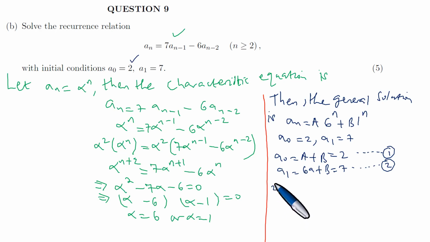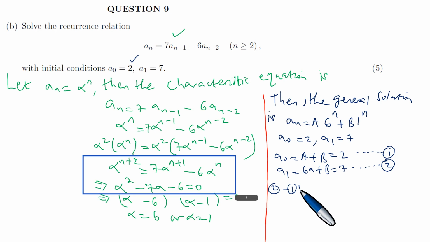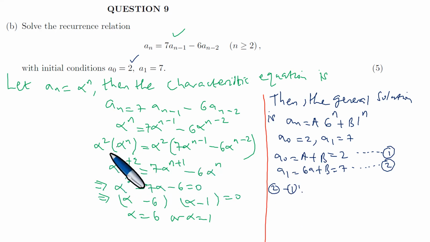2 minus. Hello? Yes, please. I'm not sure if this part is right. Which part? Oh, that part. Okay, let's check that part, please. Let's check it together. Okay, because we got this one and we're just eliminating the negative, the minus 2.